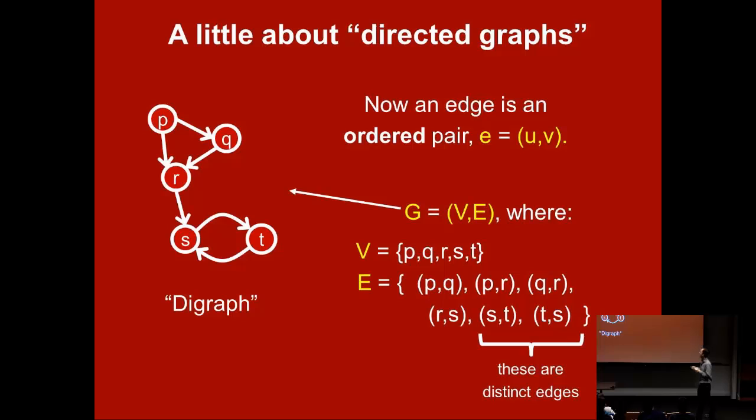This graph has 5 vertices, p, q, r, s, t, and this edge is p comma q, this edge is p comma r, etc. Notice over here we have an interesting situation. There's an edge from s to t, which is s comma t, and also an edge from t to s, which is t comma s. Those count as distinct edges, and they're okay. You're perfectly allowed to have that in your directed graph or digraph.